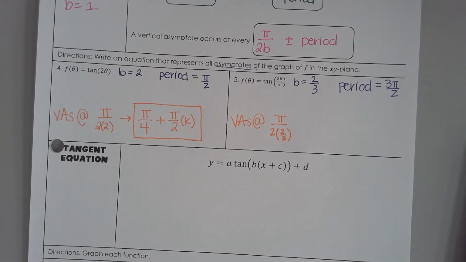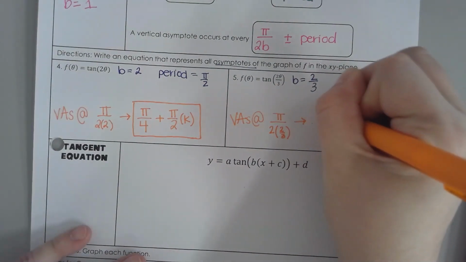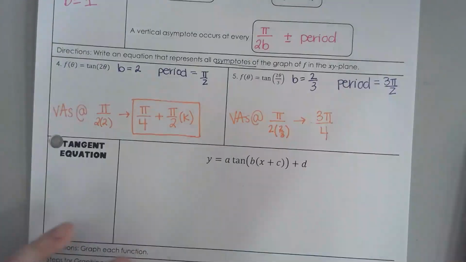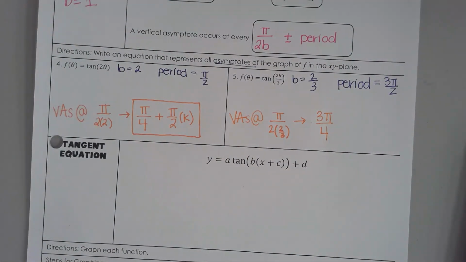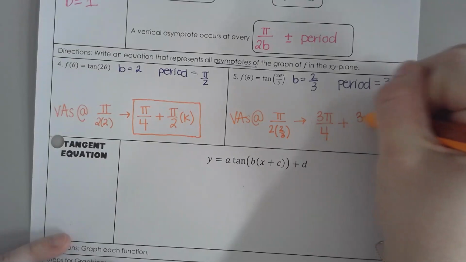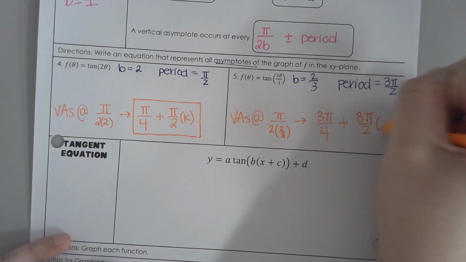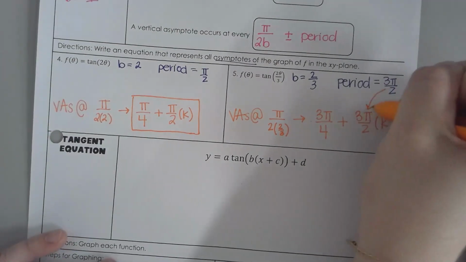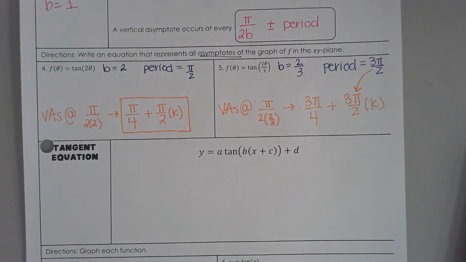So 3 pi over 4. So that's the main vertical asymptote, and then I add my period times k. Because you don't just add it once. You keep adding it, and you keep adding it, and you keep adding it, an infinite number of times.